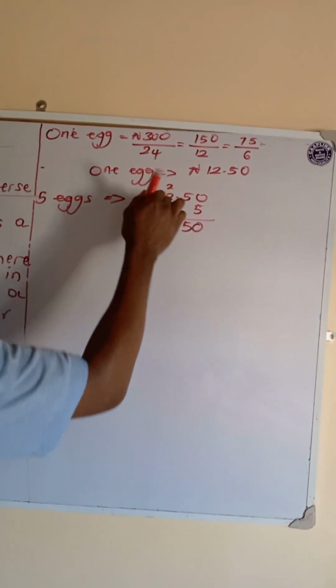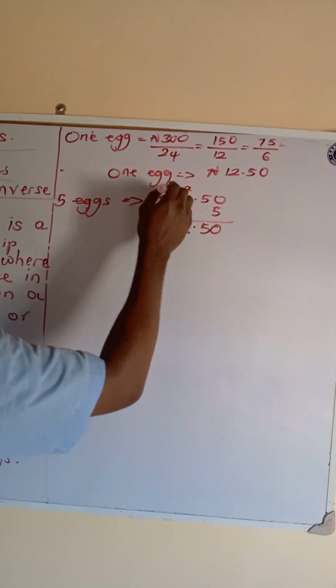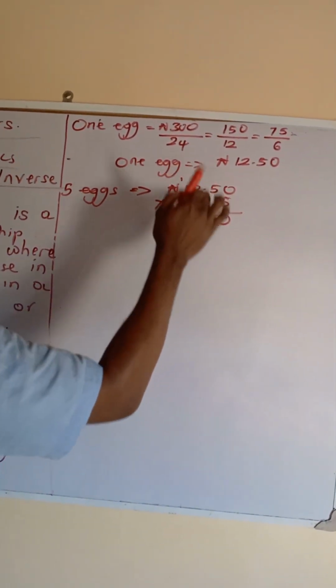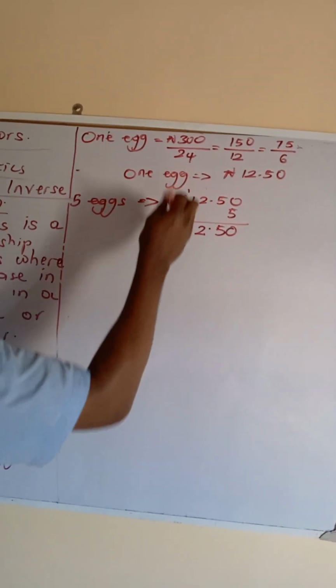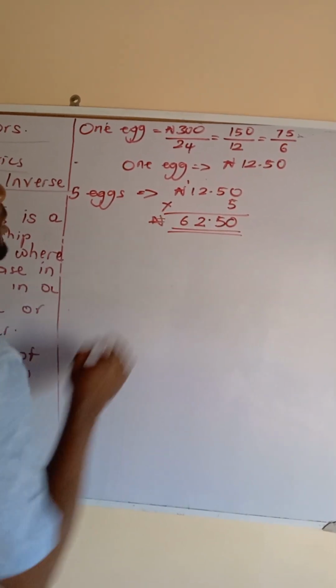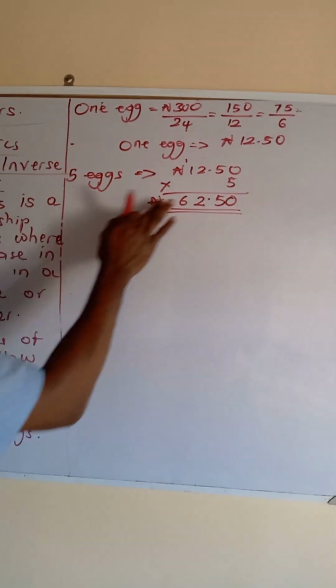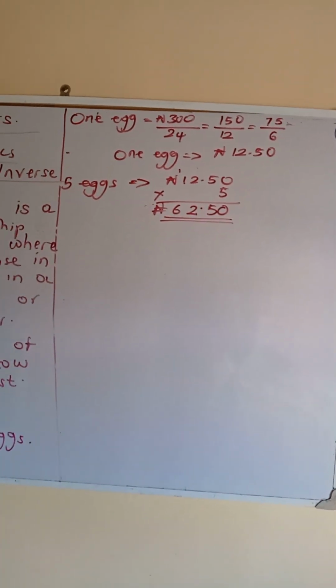Then put your point. 5 multiplied by 5 is 10, plus 2, 12. Then 5 multiplied by 5 is 1, plus 1 is 6. So 5 eggs will cost 62 naira 50 kobo. Don't forget to put your unit, which is in naira.